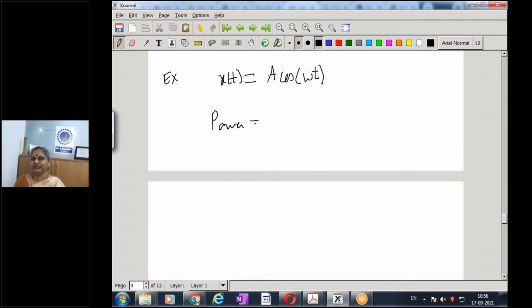And how much is the power of the signal? Anyone remembers? You had a cos omega t. You must have studied about the RMS value of a signal, or what is the power of a signal given by a cos omega t. Anyone remembers the power of the signal?